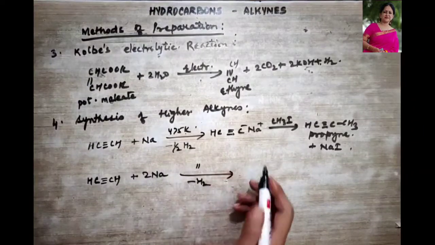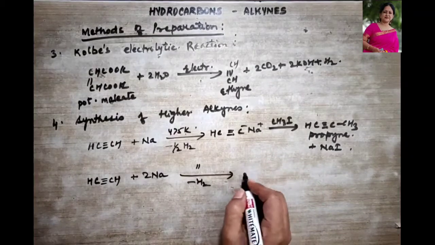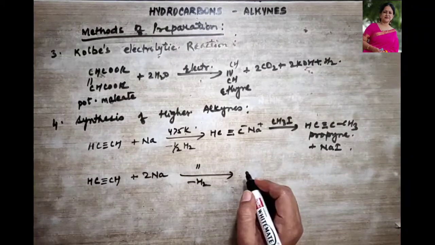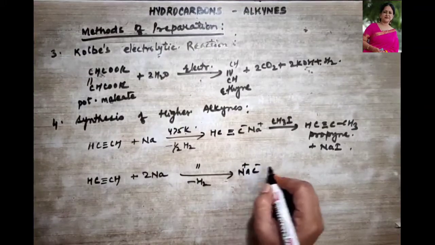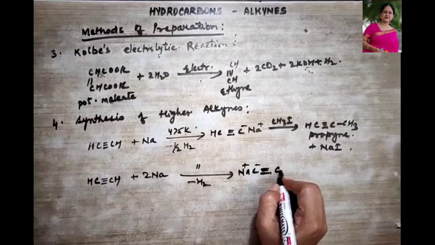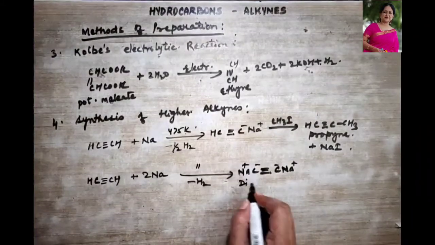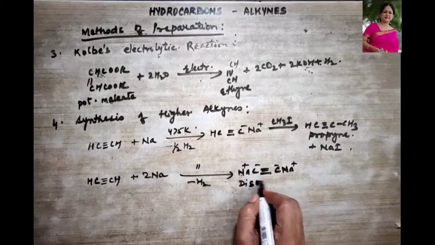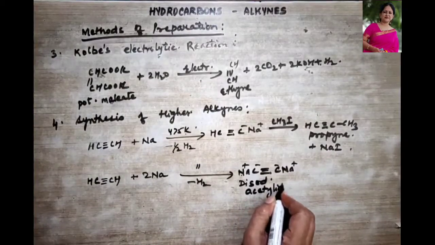Hydrogen gas will be removed, and again, as I told you, it is going to form disodium acetylide, that is Na+ C−≡C− Na+. This is disodium acetylide.